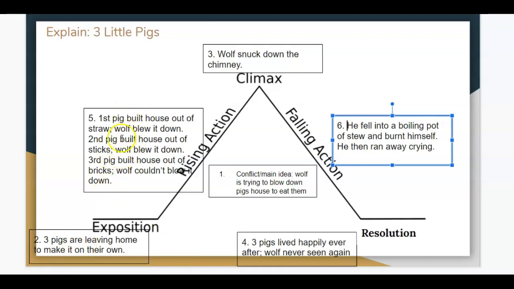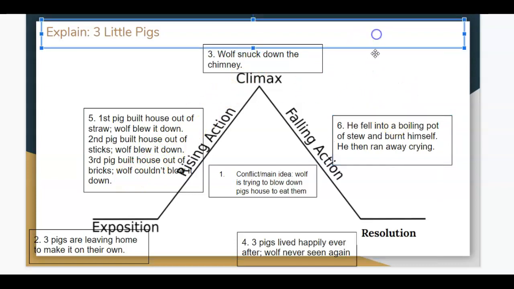We can see that they were trying to build their houses, but each house was not as good until they got to the third one. The wolf snuck down the chimney because he could not get into the brick house. It was, like I said, too powerful for him. When he snuck down the chimney, he fell into a boiling pot of stew and burnt himself. He then ran away crying, and the 3 pigs lived happily ever after. Wolf never seen again.